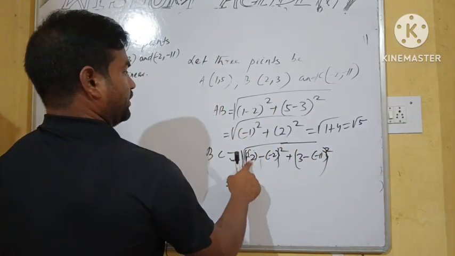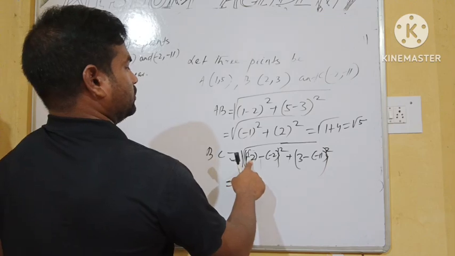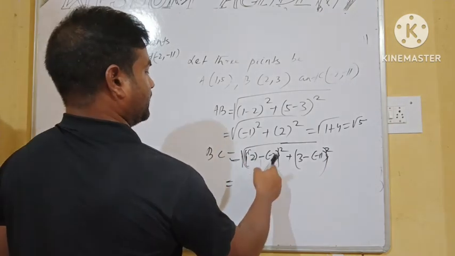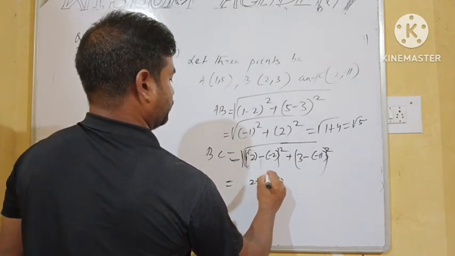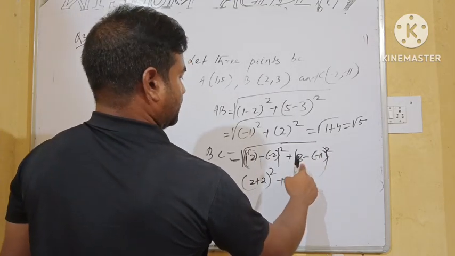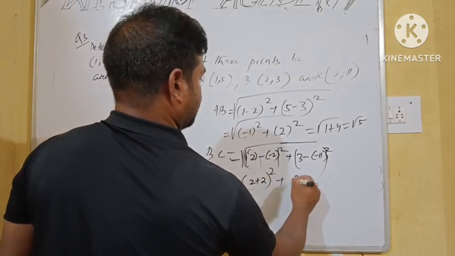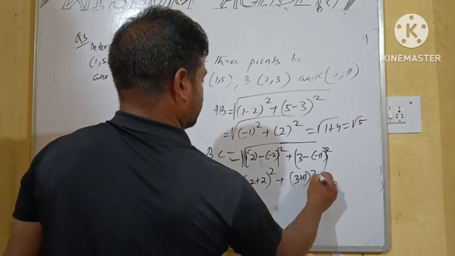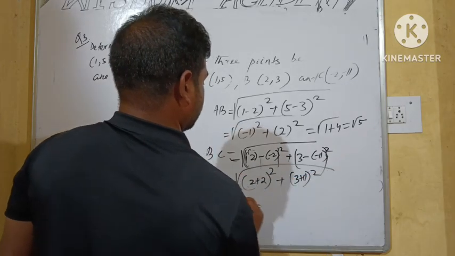Then 2 plus 2, the whole square, plus 3 plus 11, the whole square.